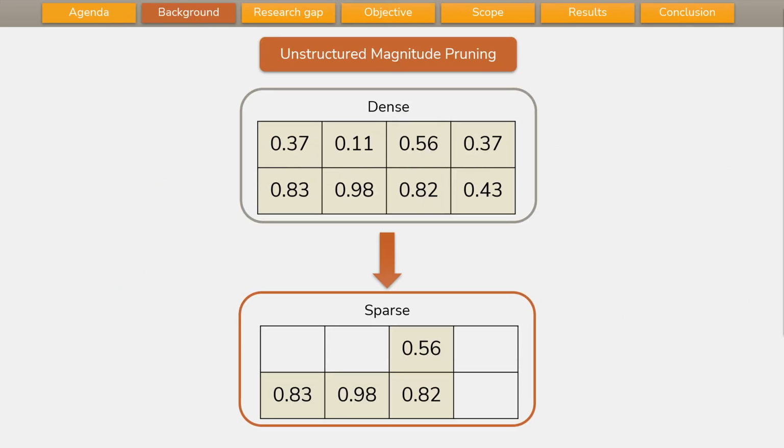The most straightforward way to perform parameter pruning is via unstructured magnitude pruning, where the lowest magnitude weights are simply removed from a parameter matrix. However, this form of pruning results in models that cannot be accelerated efficiently in FPGAs because of a lack of structure in the resulting matrices.